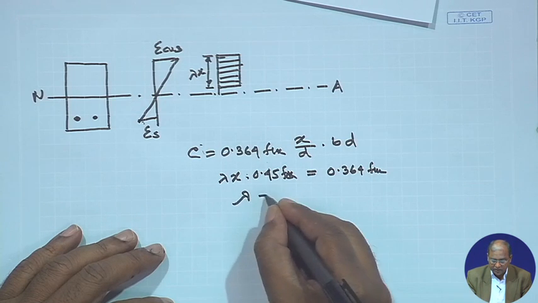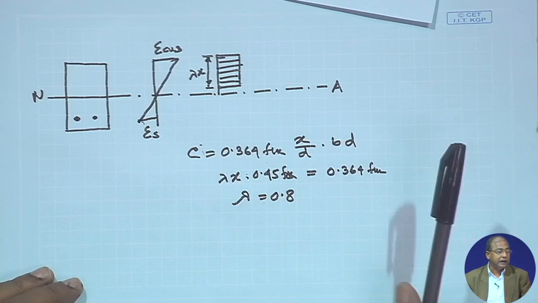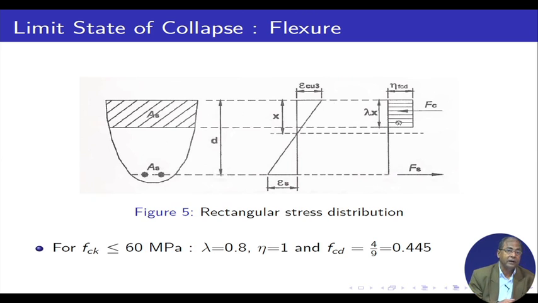So, lambda will be equal to 0.8. So, we shall consider the lambda 0.8, then only I can get the same area, lambda 0.8, eta 1, FCD 4 by 9.445. So, we can find out these values. This is what I would like to tell you, that whatever value you are getting here, that way we can consider.